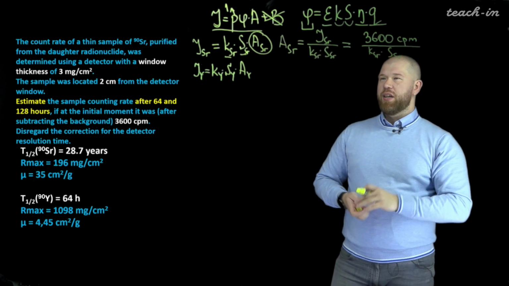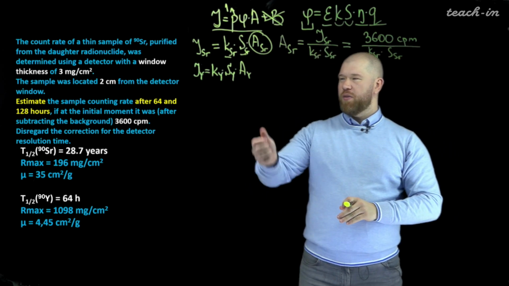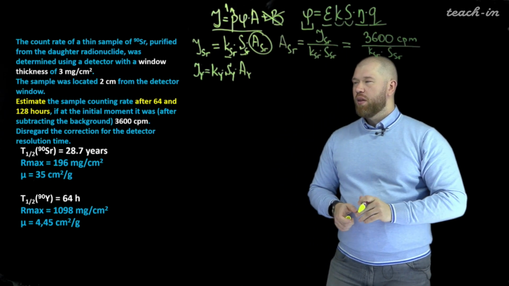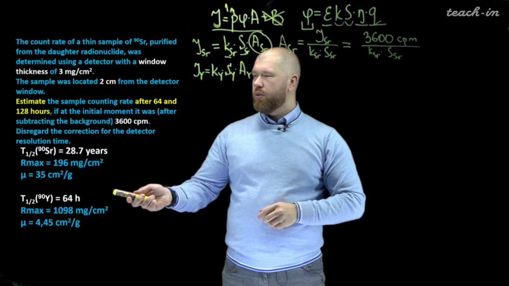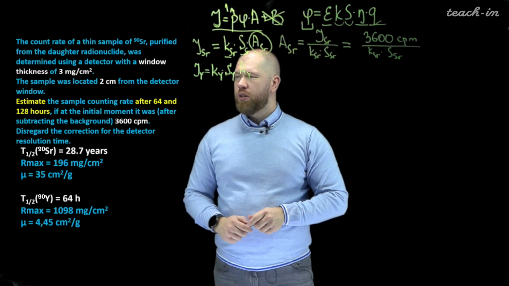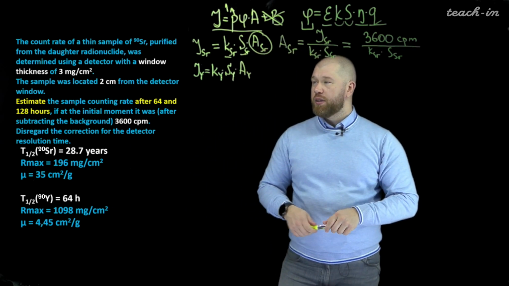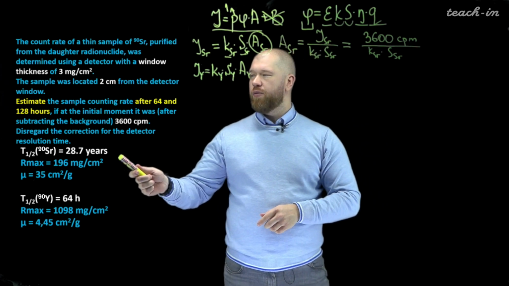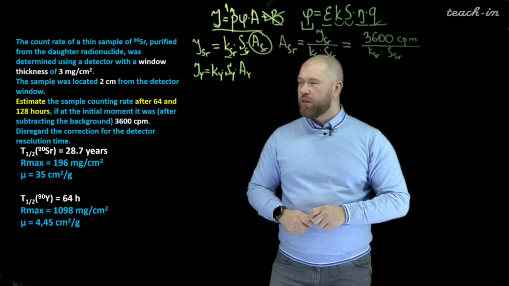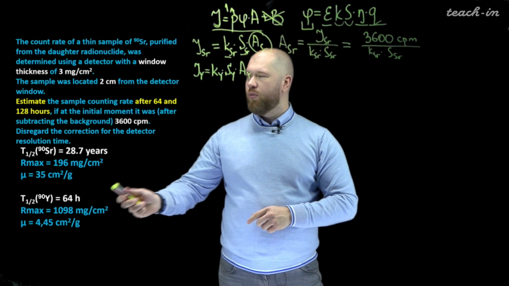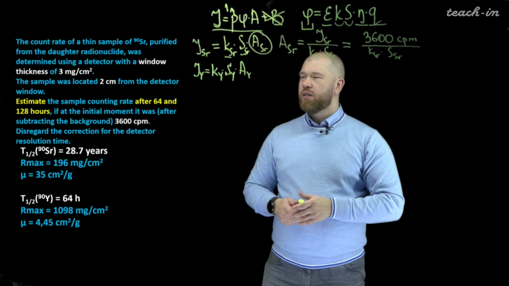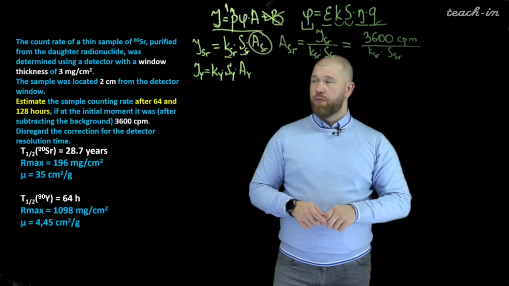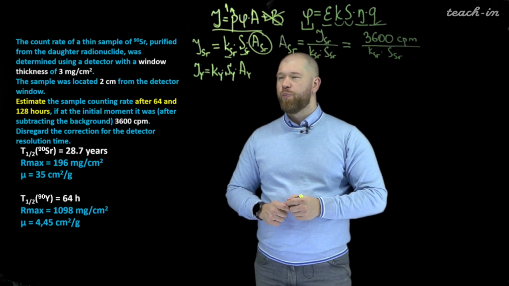Okay, but again, what about the activity of yttrium? It is quite simple. If we look at the half-lives of these two radionuclides, we will see that the half-life of strontium is much longer than the half-life of yttrium. That means that in this case we can observe secular equilibrium.